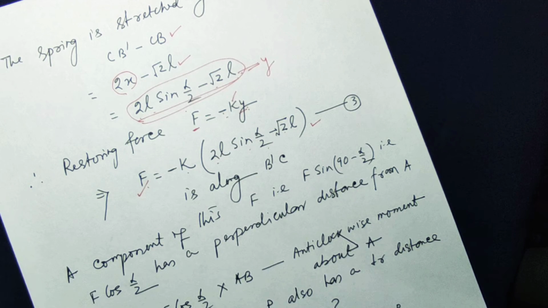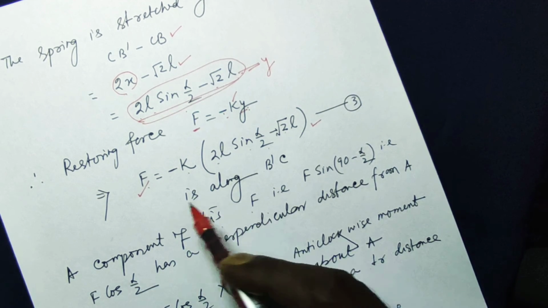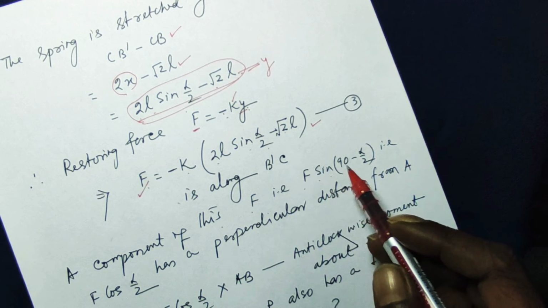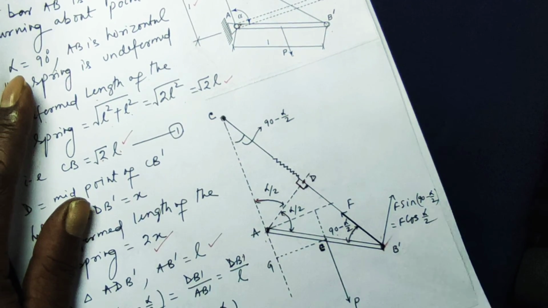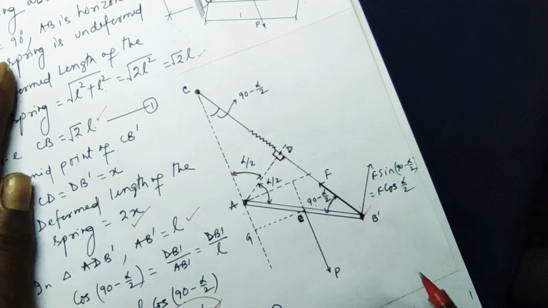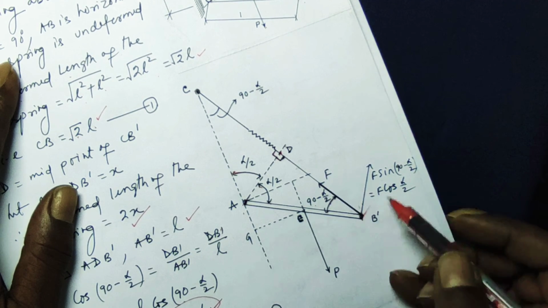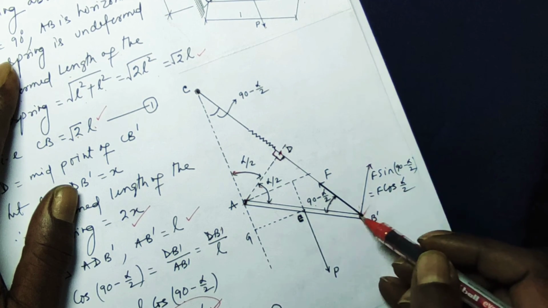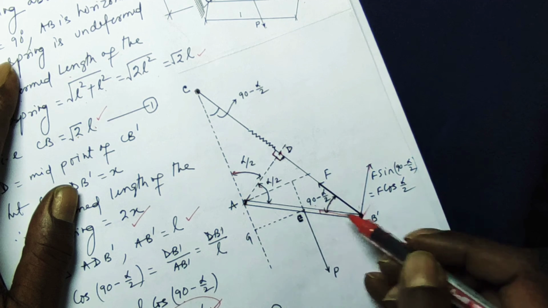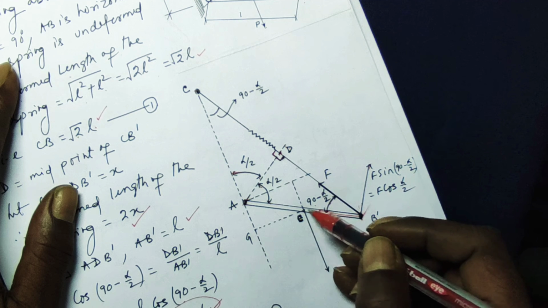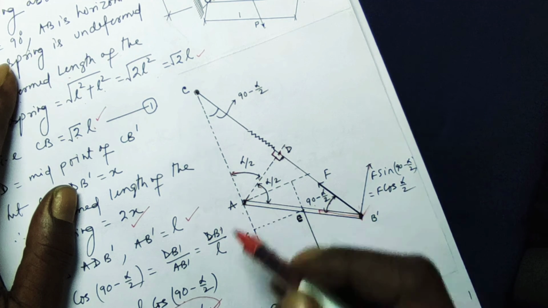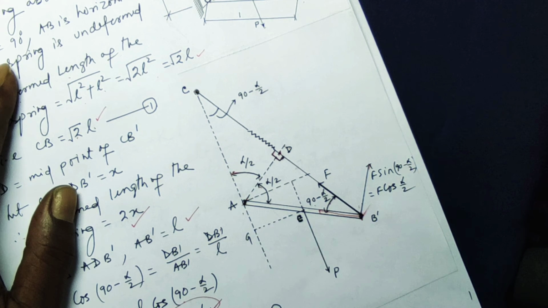Now we have to find components. A component of this force F is F sin 90 minus alpha by 2. Let me show it here again. This is the direction of F. One component will be this and one component will be to this side. I am not interested in this component because it passes through the point A, about which I will be finding the turning effect.